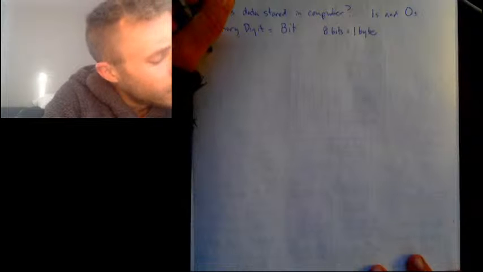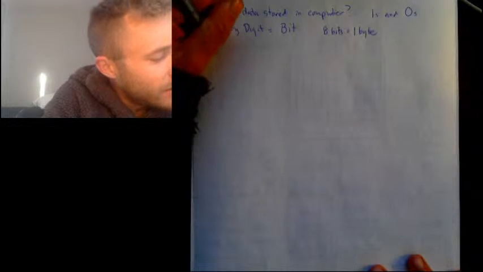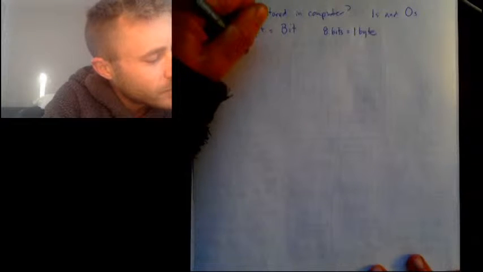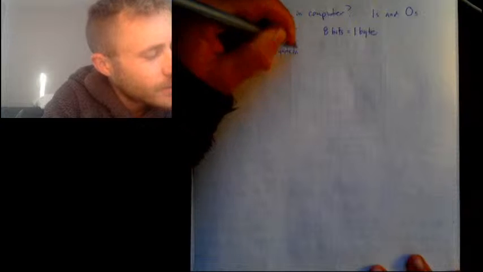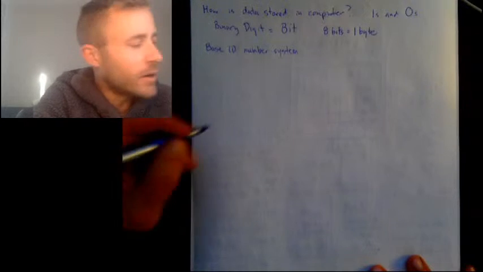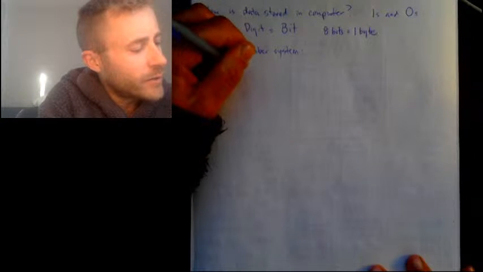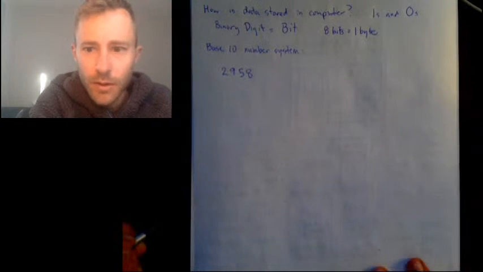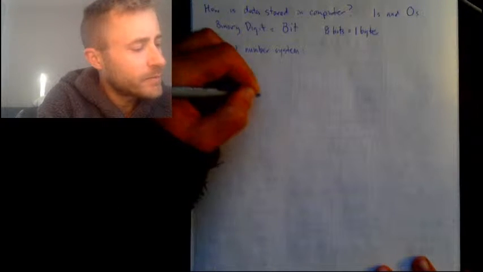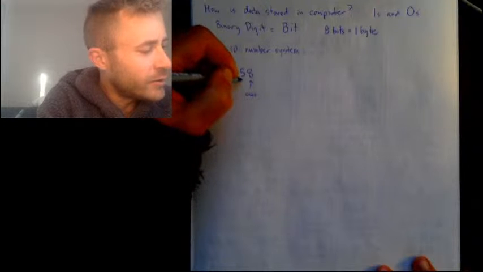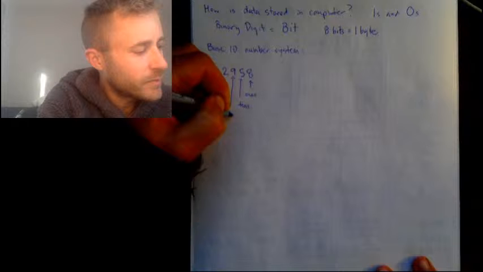Okay, so let's think about a base 10 number system. So let's say I have the number 2,958. All right. So this would be the ones place. This would be the tens place. This would be the hundreds place.